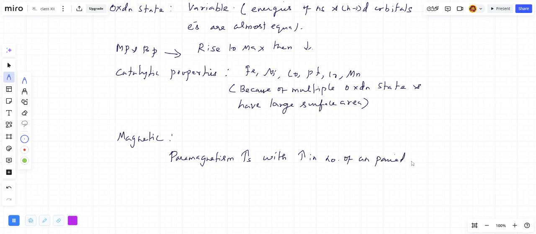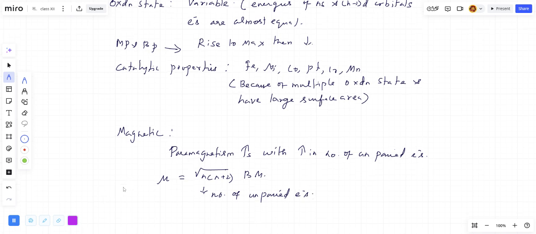If unpaired electrons are there, it is paramagnetic; if paired electrons are there, it is diamagnetic. Paramagnetism is measured by magnetic moment, which is equal to root of n(n+2) in BM, the Bohr magneton, the unit of magnetic moment, where n is the number of unpaired electrons.